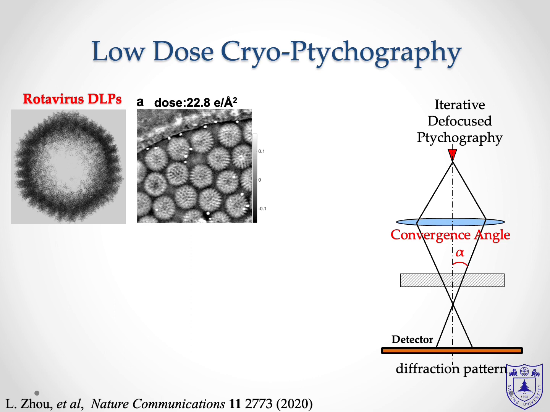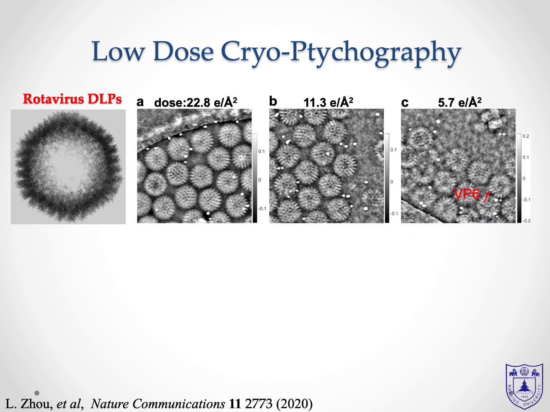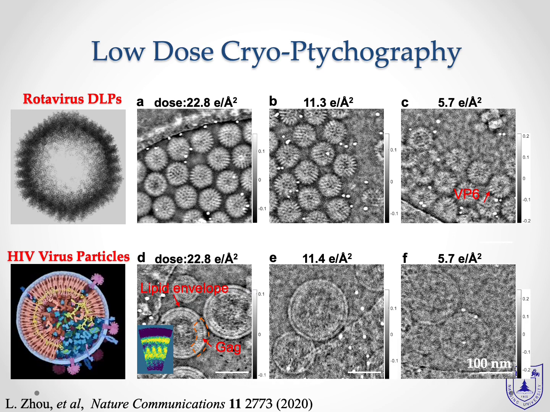Together with this high contrast, ptychography can still clearly show the viral capsid shape and contrast of the VP6 trimer at a low dose as 5.7 electrons per angstrom squared. Another example shown here is HIV virus at very low dose. We can still observe the particle.